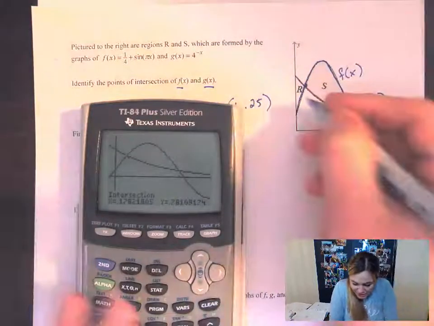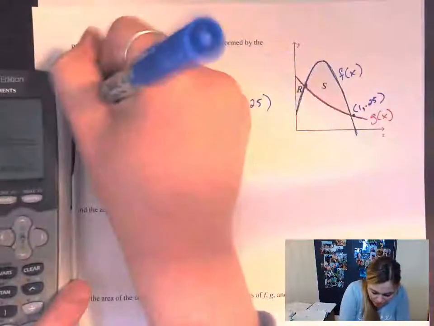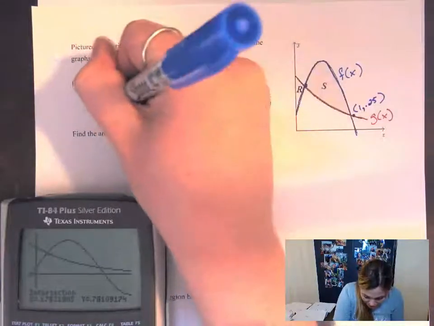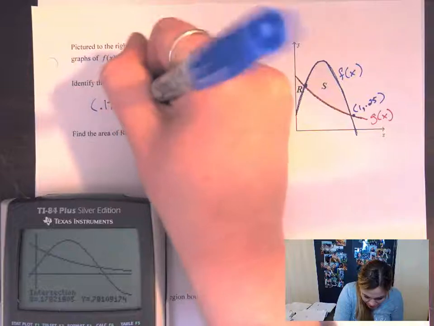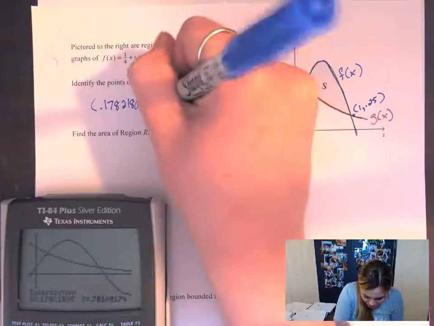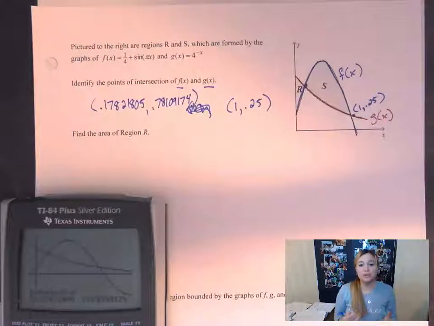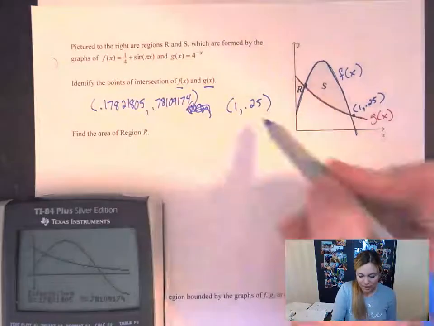And I get this intersection at, sorry, it's coming down here, 0.17821, 1.805, and 0.78109, 0.174. It is worth your time to practice this. Make sure that you can do it too, and not just know how I do it when you're watching me. I've seen people on test days or other days go, I'm not really sure how to do this. Can you do it? Because there's like one little detail that you miss. So practice this. Okay, so I've got these points of intersection.